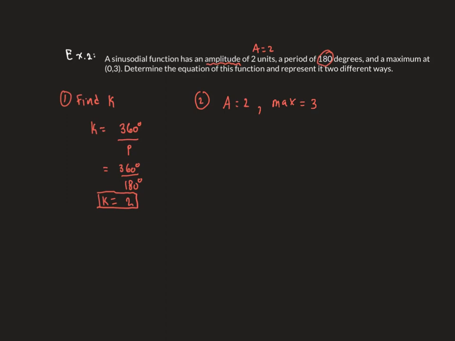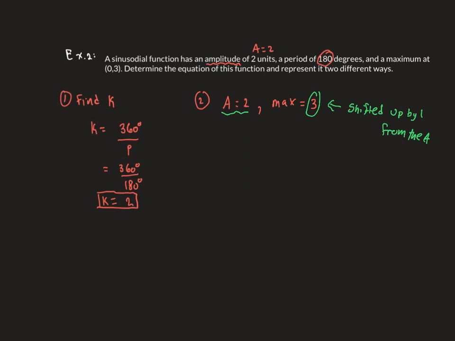So if my maximum is at 0.3 and my amplitude is 2, the maximum should usually be what my amplitude is, but the fact that it's not means this had to have been shifted up by 1 from the amplitude, which means we have a shift of +1.